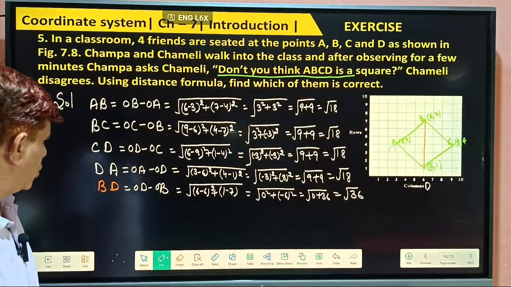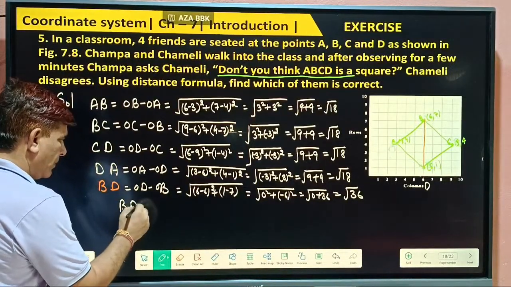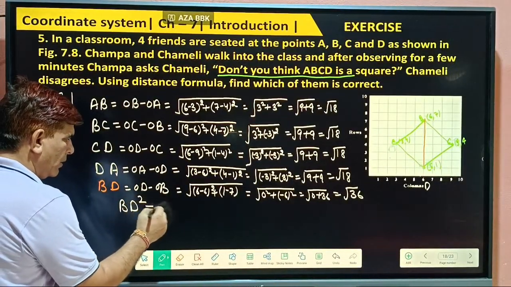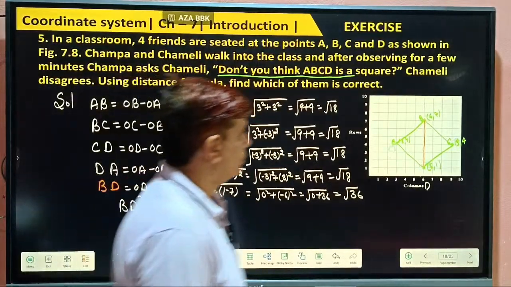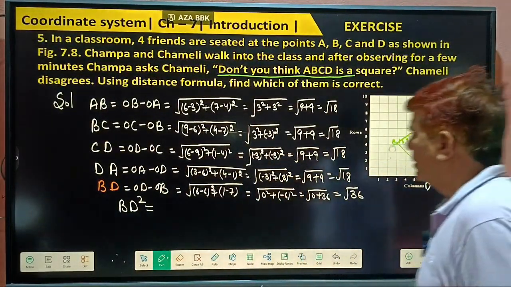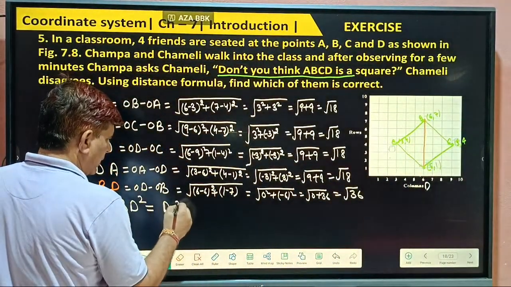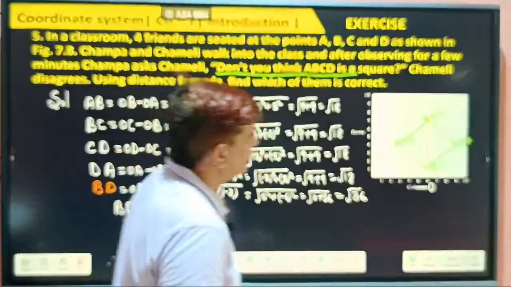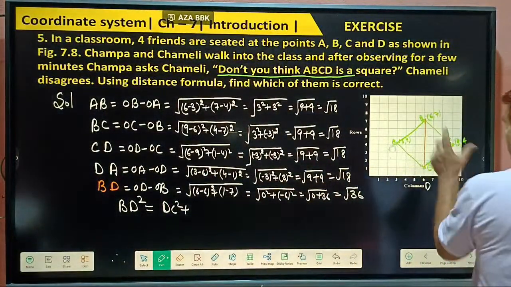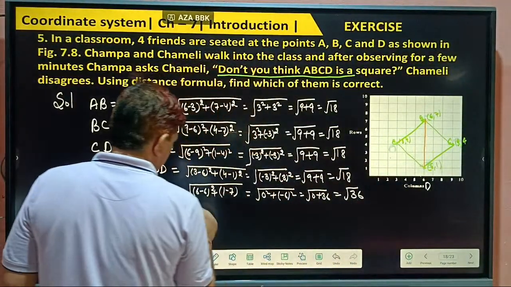Understood? So we can check BD square equal to DC square plus CB square.